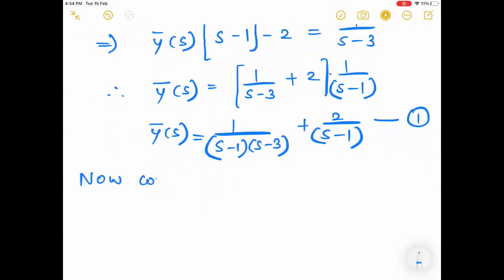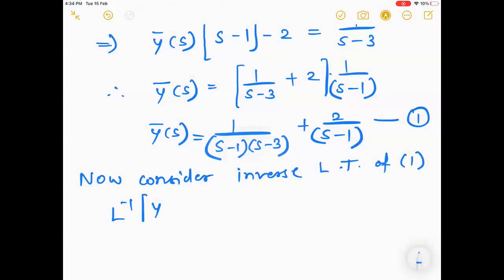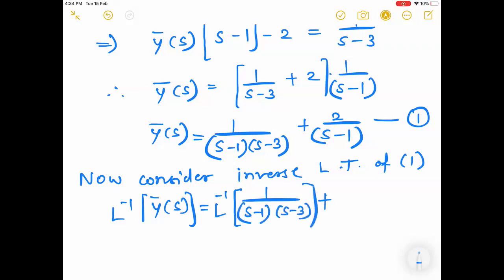Now consider the inverse Laplace transform of 1. So L inverse of y of s is equal to L inverse of 1 upon s minus 1, s minus 3, and L inverse of 2 upon s minus 1.